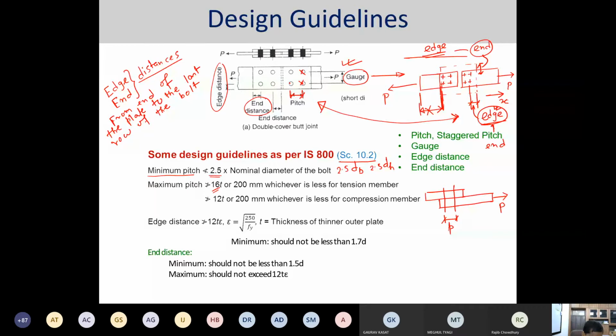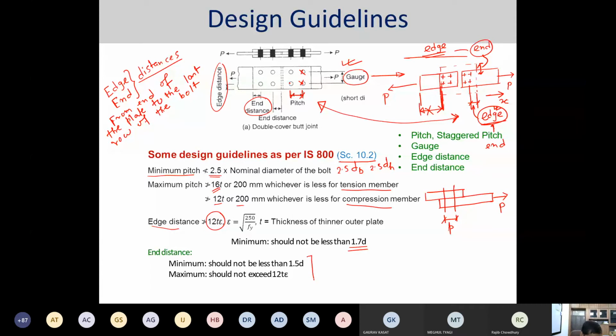Maximum pitch would be 16T or 200 mm, whichever is less, for the tension member, and for the compression member it is 12T or 200 mm. Edge distance similarly should not be greater than 12T epsilon, where epsilon is the square root of this particular part, and the minimum should not be less than 1.7 times dB.